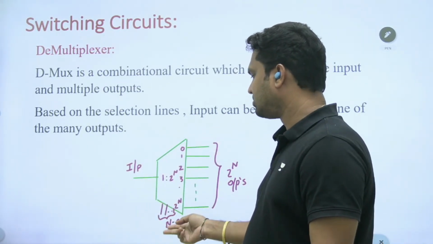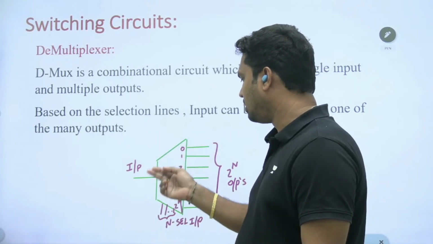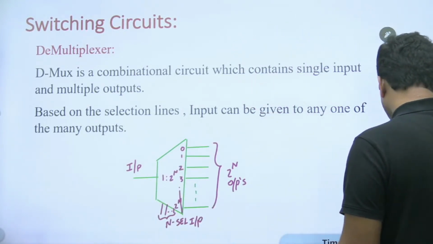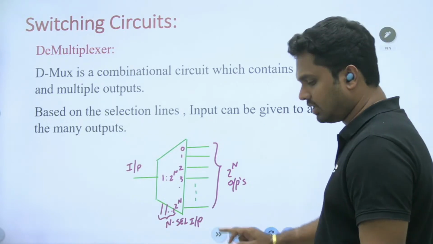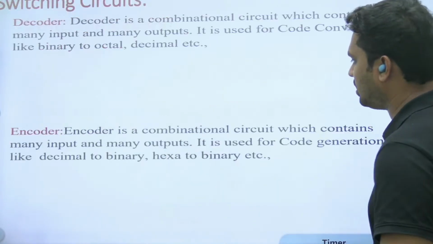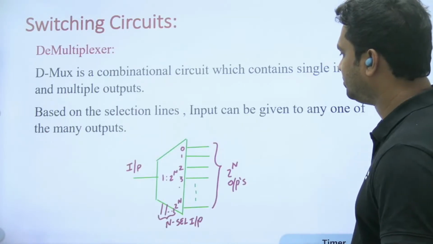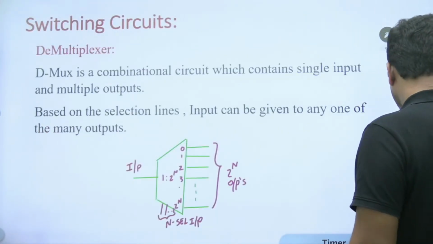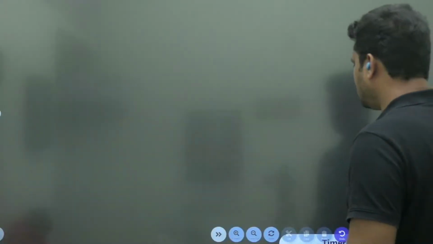Based on the selection inputs, this input is transferred to any of the many output lines available. So let's move further. So this is the job of the demux. So let's design. Let me show you what you will have inside the demux.